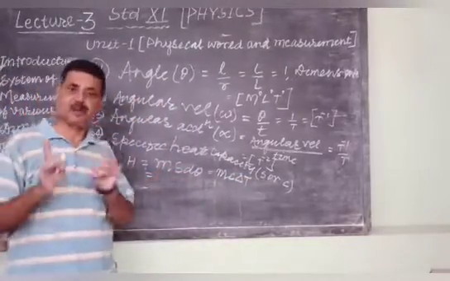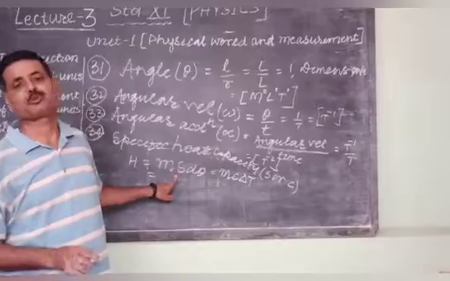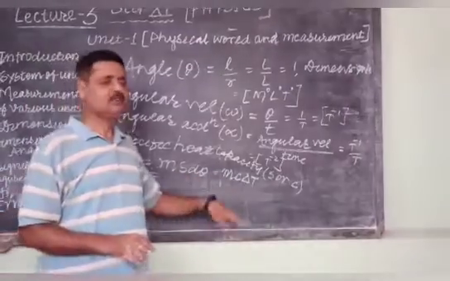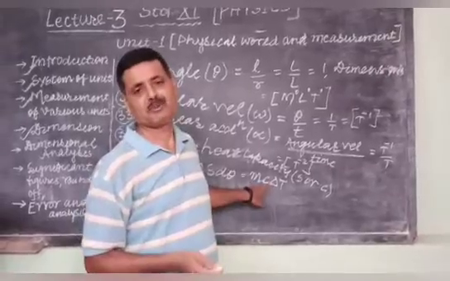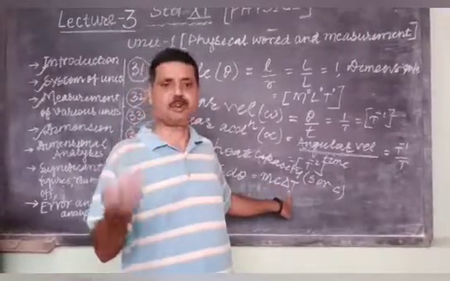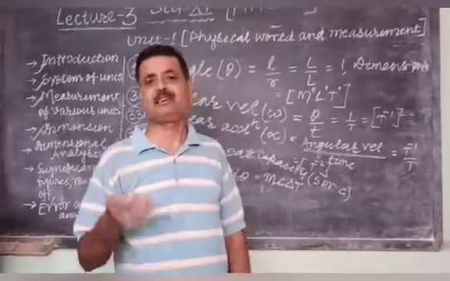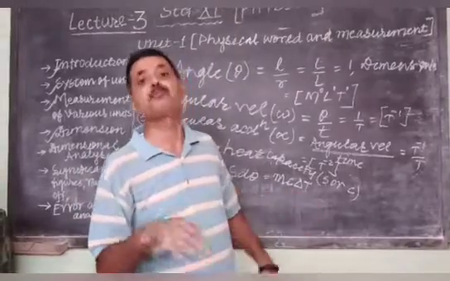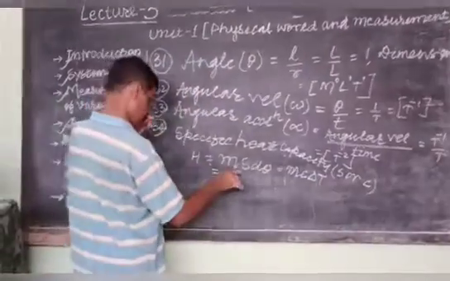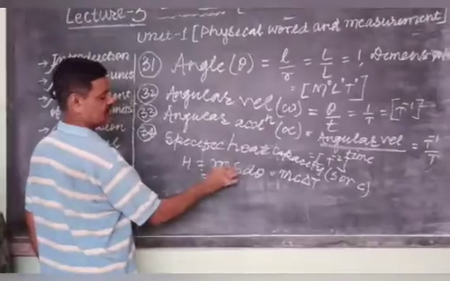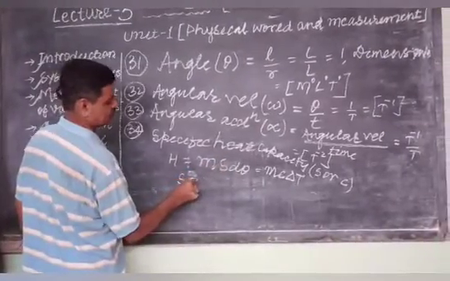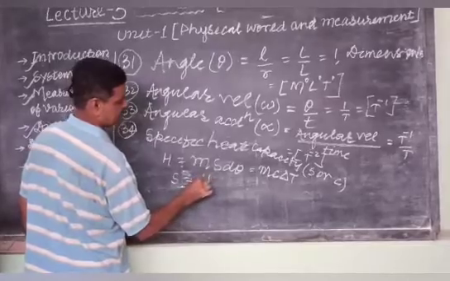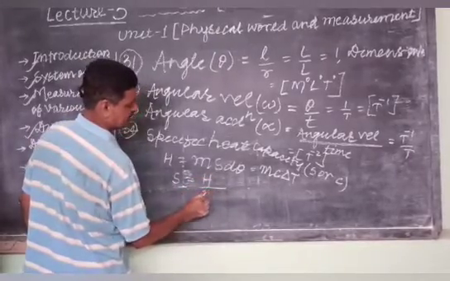M represents mass, S is the specific heat capacity, d theta is the change in temperature. In this, m is the mass, c is the specific heat capacity, and del t is the change in temperature, and the demand is S. So we can write S is equal to H by m d theta.